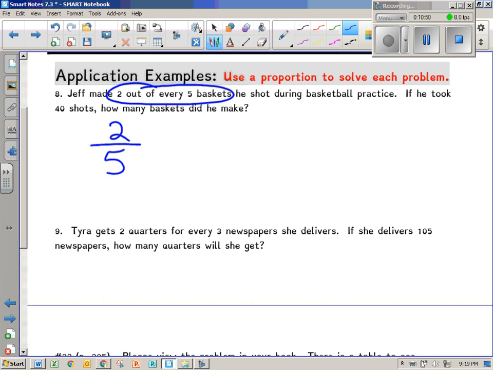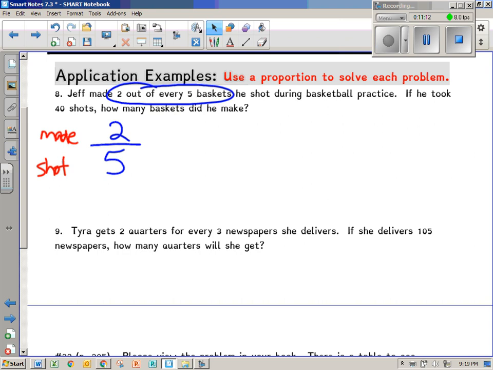So then it says if he took 40 shots, how many baskets did he make? Well, let's label a little bit. Up here at the top, these were the ones that he made, and these were the ones he shot. I was going to say attempted, but he shot 5, he made 2.